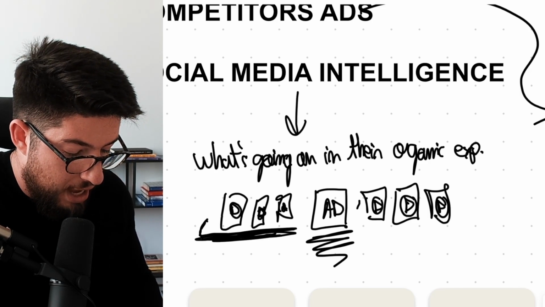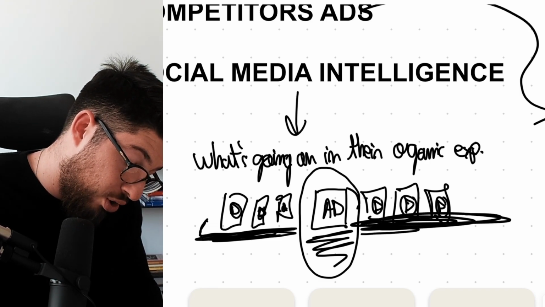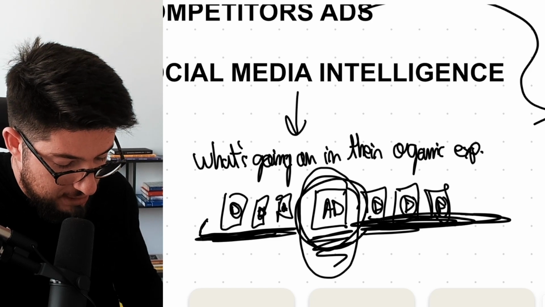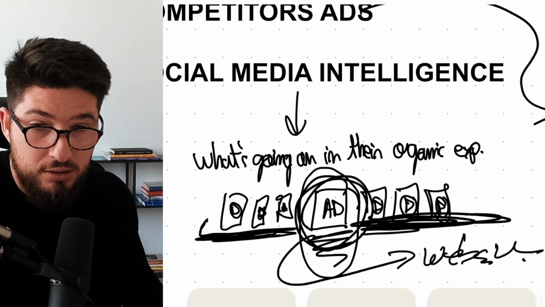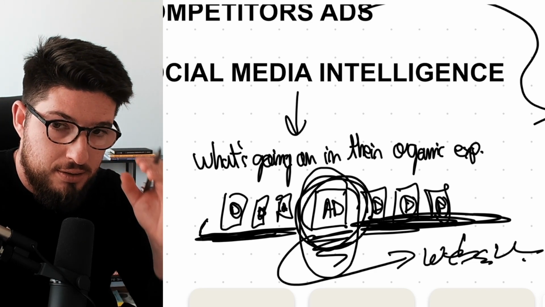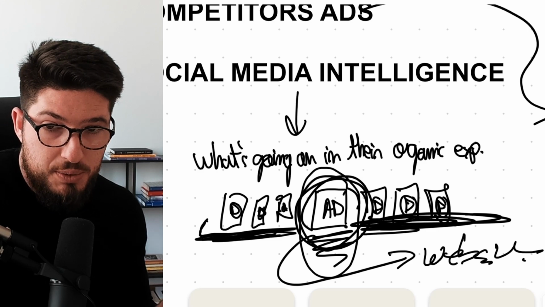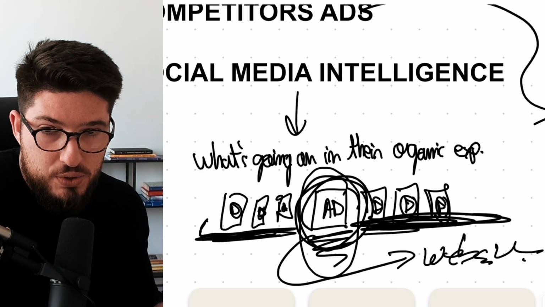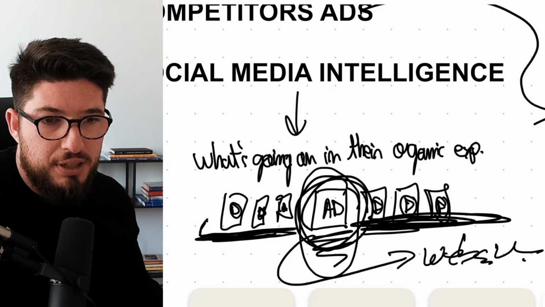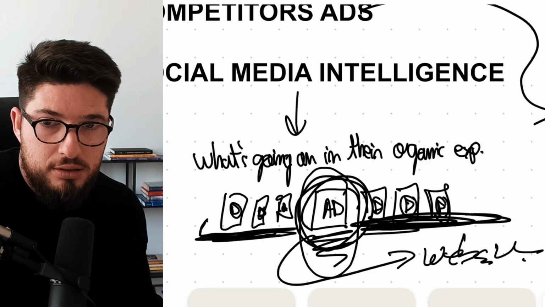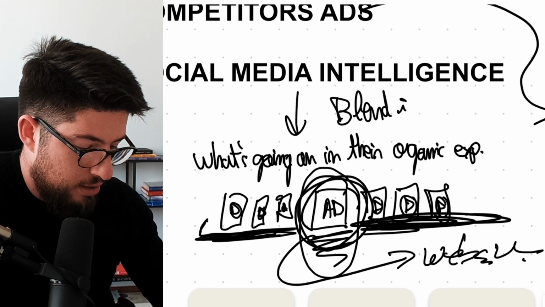You have to think, how do I interrupt them here so that they don't continue consuming more content, but instead they see the whole ad and go to my website? How can I do this? Make something similar to what they're experiencing. If they consume a lot of images because you are targeting fashion users and they consume images like on Pinterest and want to see outfits, just put that in there. So the main thing is blend in.